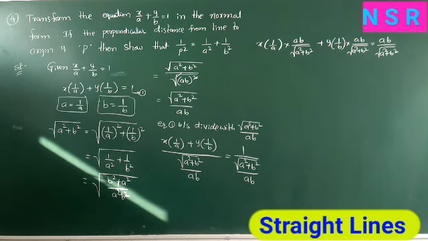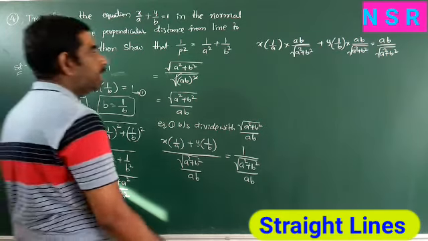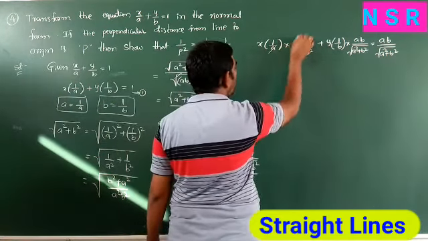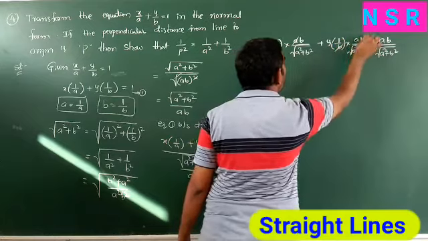Now here 1 by a and here ab is there, so a cancels, and here b, b cancels.